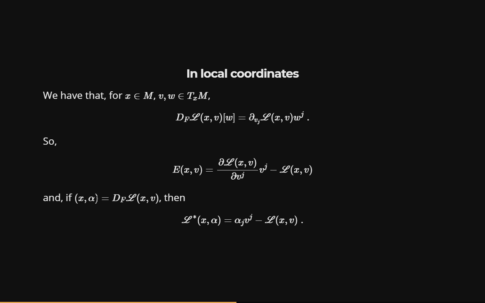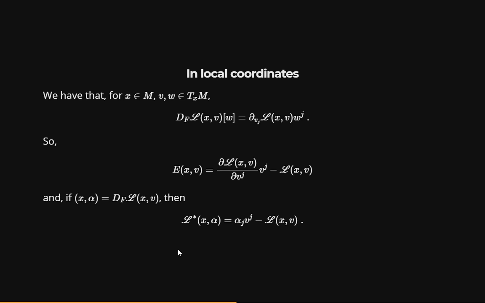And now if x alpha is the image of xv, the Legendre transform, which is defined on the cotangent space of x alpha, is alpha j vj, so the usual product between form and vector field, minus L of xv, where xv is the pre-image of x alpha. So it doesn't get any simpler than the Legendre transform on Rn, but it's not much more complicated because in the end, in coordinates, you are having exactly the same expression.